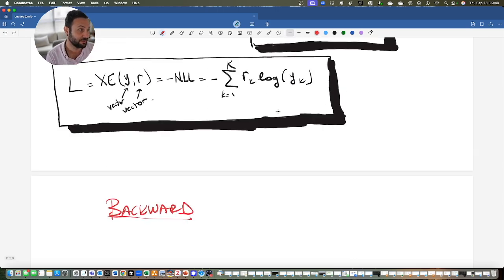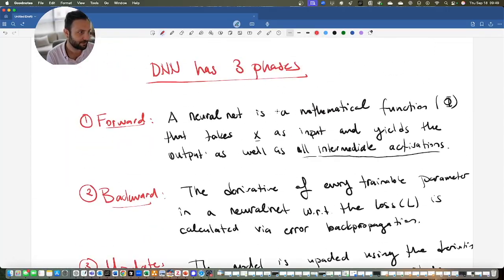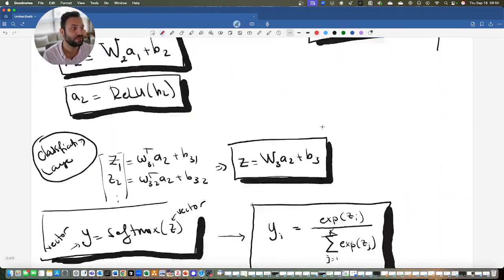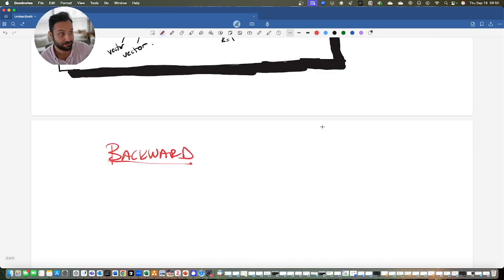Backward, as we mentioned up top, is the process of calculating the derivatives of every single trainable parameter with respect to the loss. In order to minimize the loss, in which direction and by how much should I change my parameters? So far we have covered it. And this derivative is going to be instrumental to update our model.